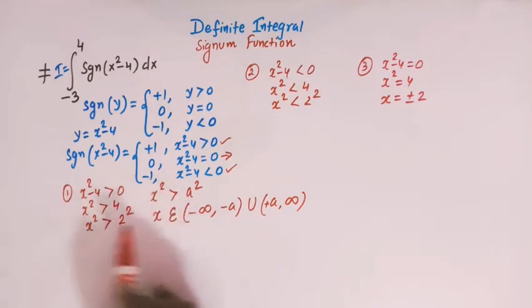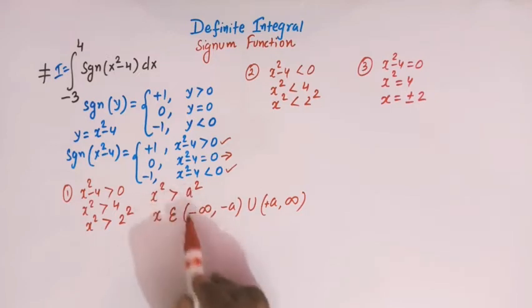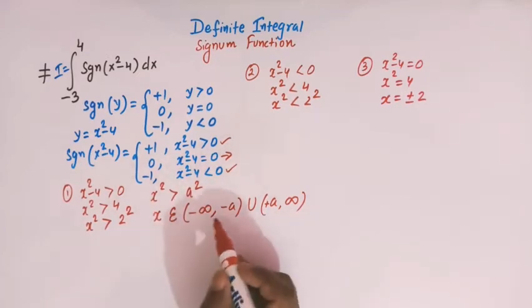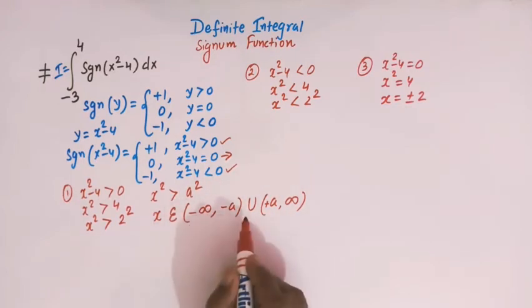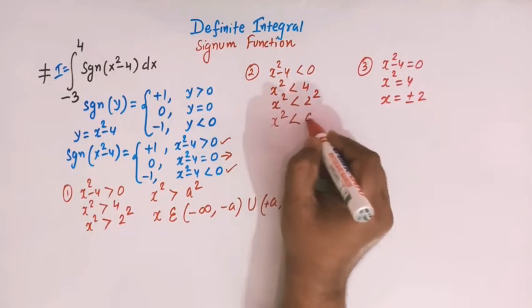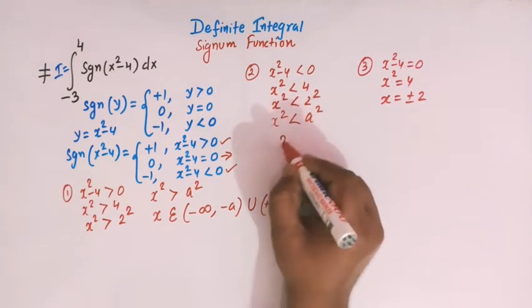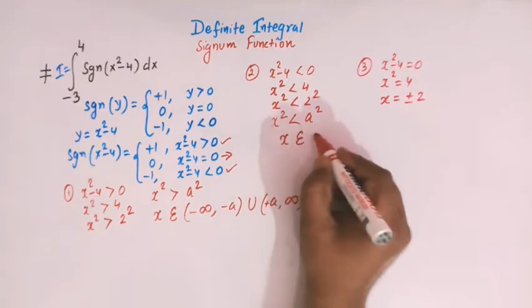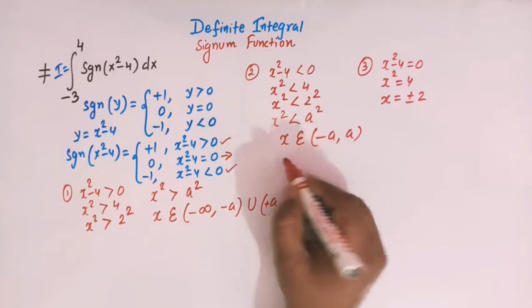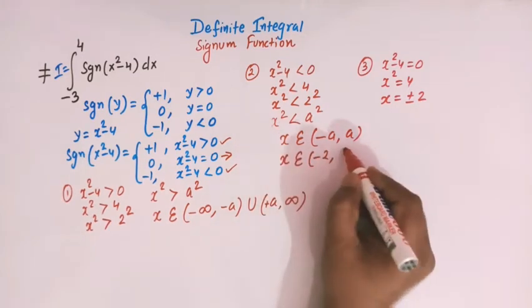We are not going to find the detailed method of getting this solution here, so we are directly using the result. Similarly, when x square is less than a square, with a equal to 2, the solution is x belongs to the interval minus a to a, that is, minus 2 to 2.